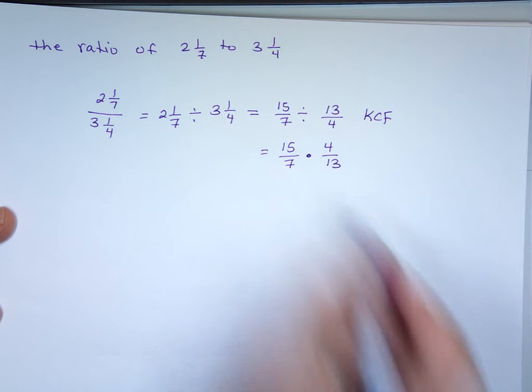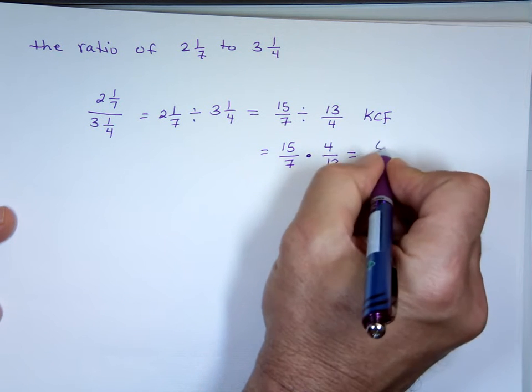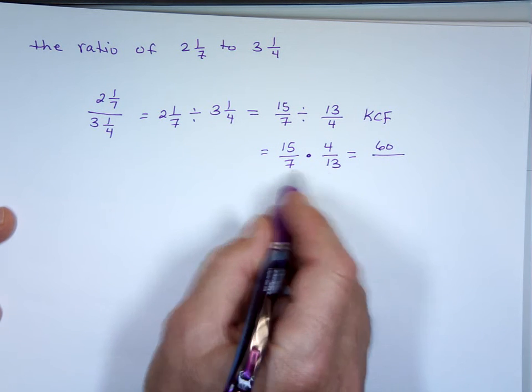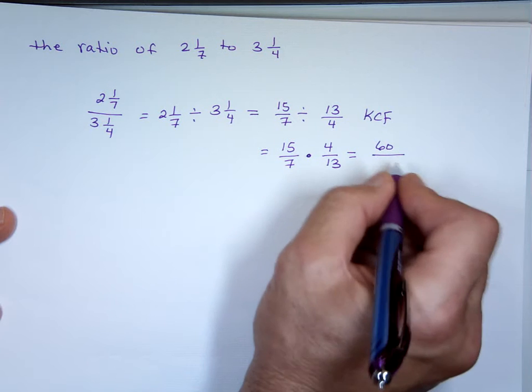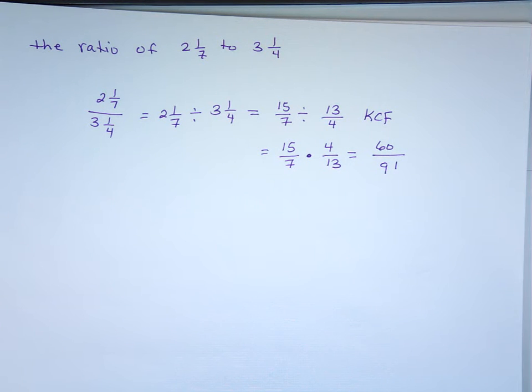Can you simplify anything? No. 15 times 4, which is what? 60 over 91. 60 to 91. For every 91 of these, 60 for that. For every 60 of these, 91 for that.